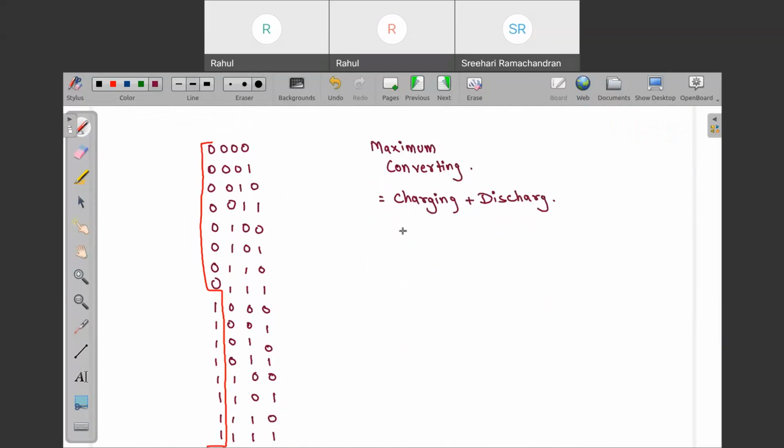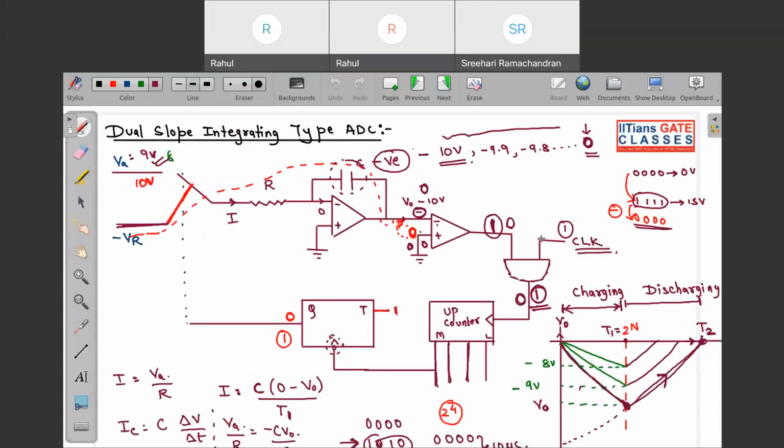So charging time is fixed, 2 to the power n TCLK. Now what about discharging time? Look, the moment you switch from 111 to 000, this state is not actually calculated, because at this precise moment this is going to 000 for the first time and you get the negative edge, so you get this signal that you need to connect the switch to minus Vr.